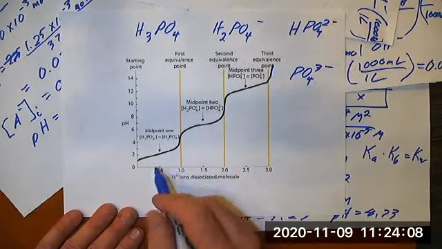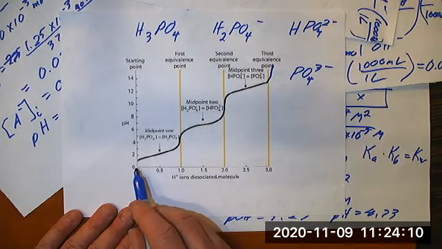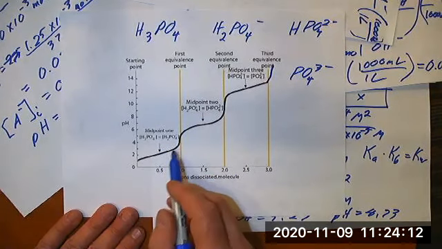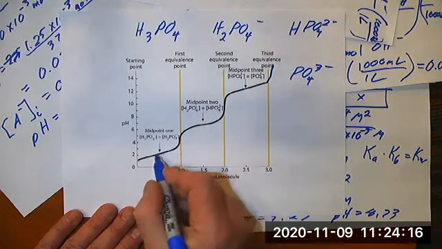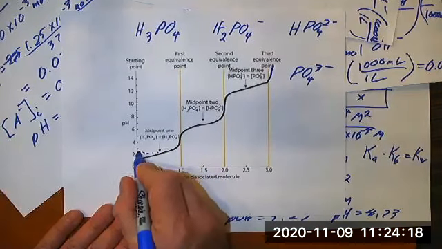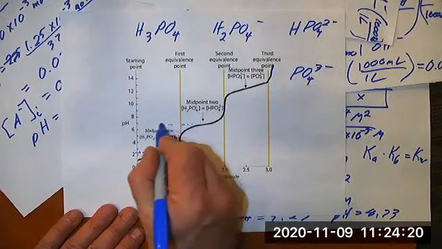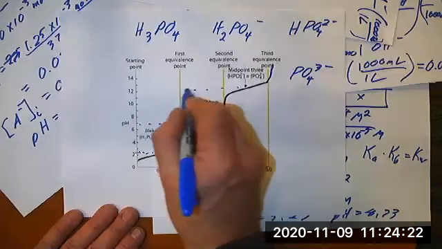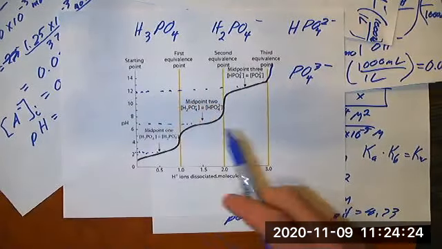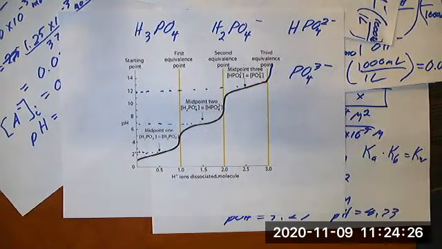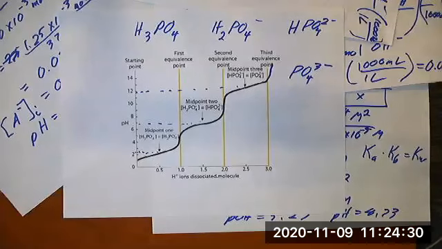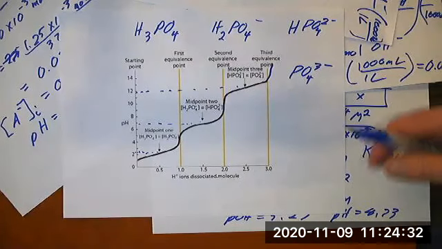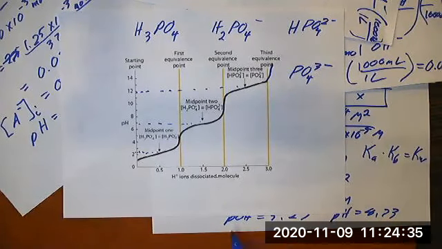Each of these also have the half equivalence point where you've added half the volume to get to that equivalence point. And that tells you directly the pKa of each of the various acid steps. So the pH at the half equivalence points gives you that pKa directly from the plot.